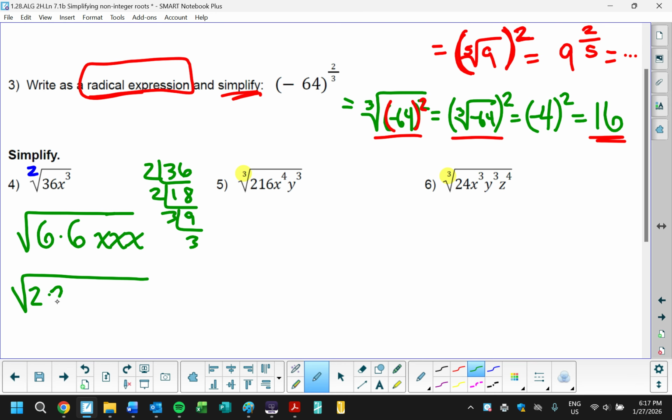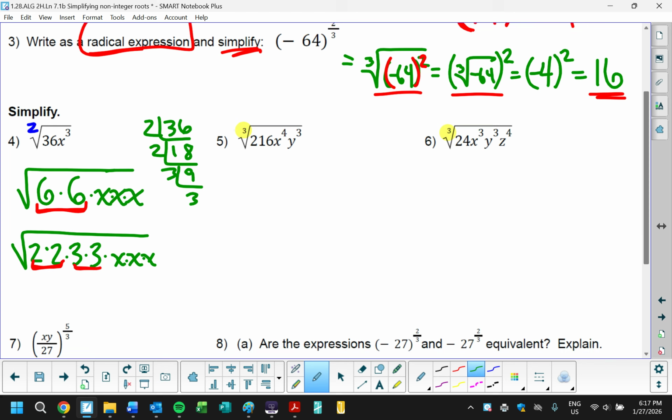Its prime factorization would literally be 2 times 2 times 3 times 3, and then the repeatedly multiplying x's. Whether or not you put the dots is up to you. Point is here, ladies and gents, that we have 6 multiplied by itself. You could have written 2 times 3 outside.